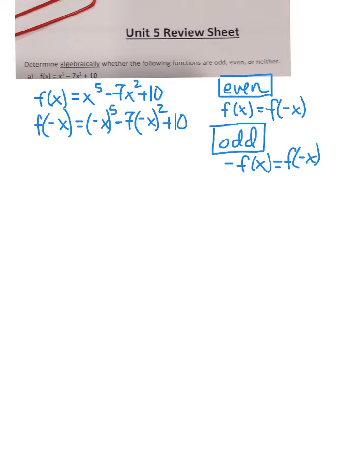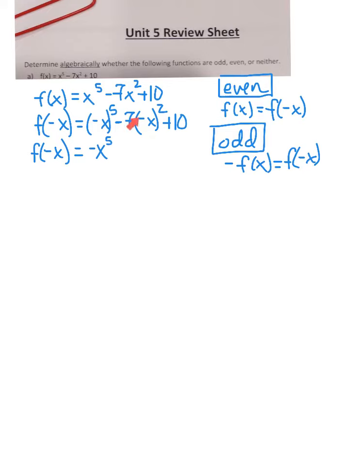All right, so let's work out f of negative x. So if I work out f of negative x, well, if I have a negative raised to the 5th power, that's going to give me a negative, isn't it? So then, what that's going to make this is negative x to the 5th.